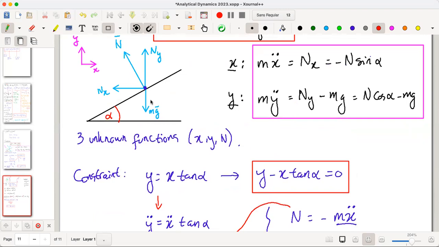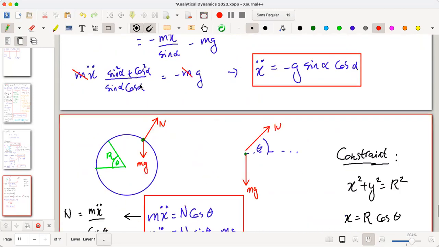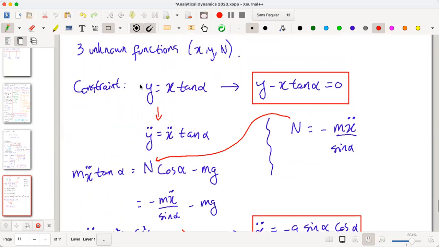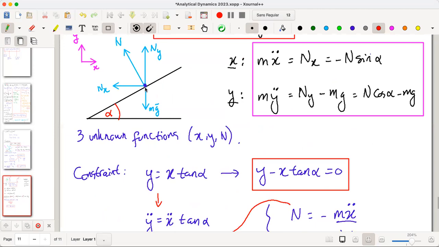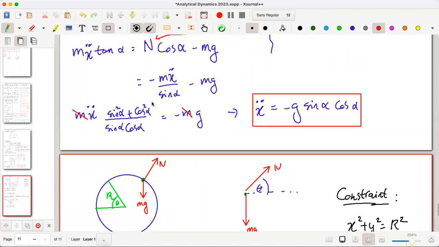And the interesting observation here is that in these two examples the normal force is always perpendicular to the displacement. In this case, the displacement is along the inclined plane, and the normal force is perpendicular to the inclined plane.